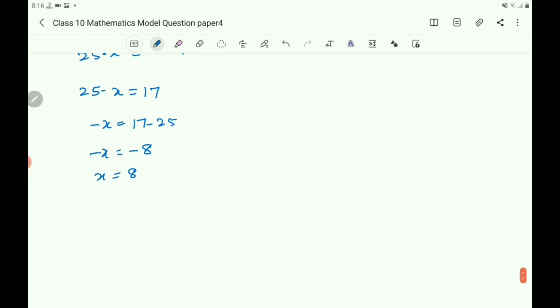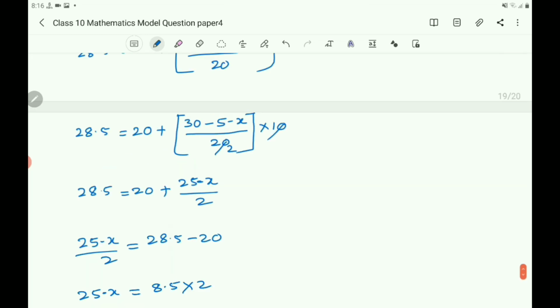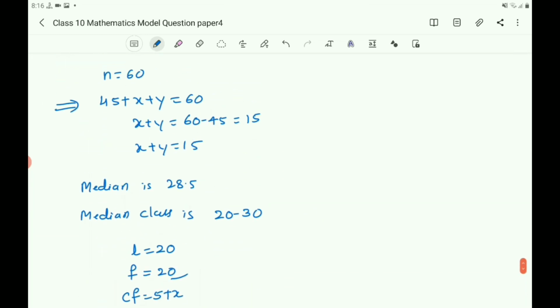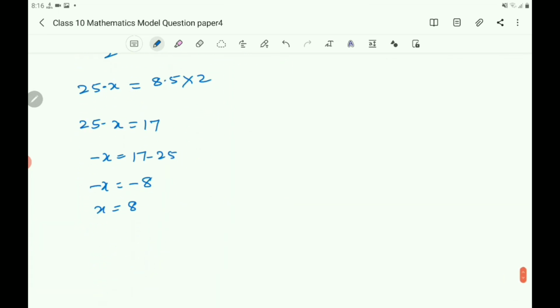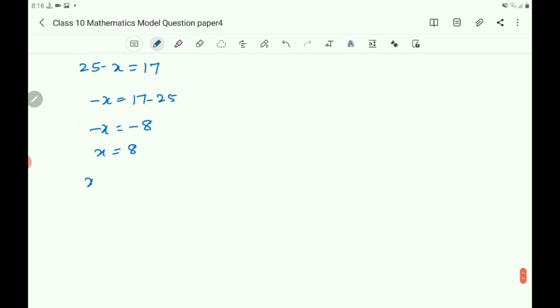Then you know x plus y equals 25. Here you got the value of x, and x plus y is equal to 15 is there. So you take x plus y is equal to 15.